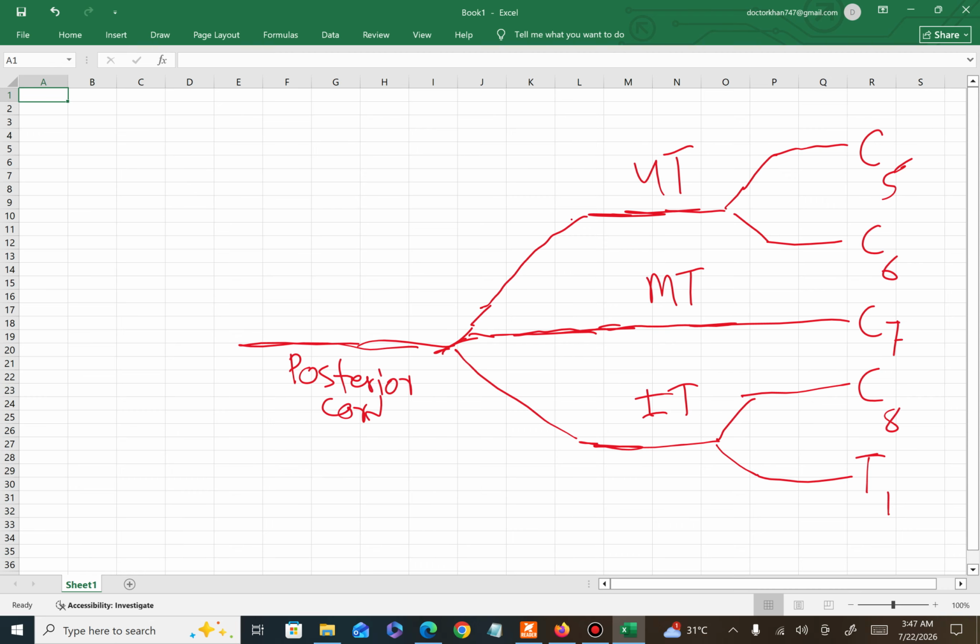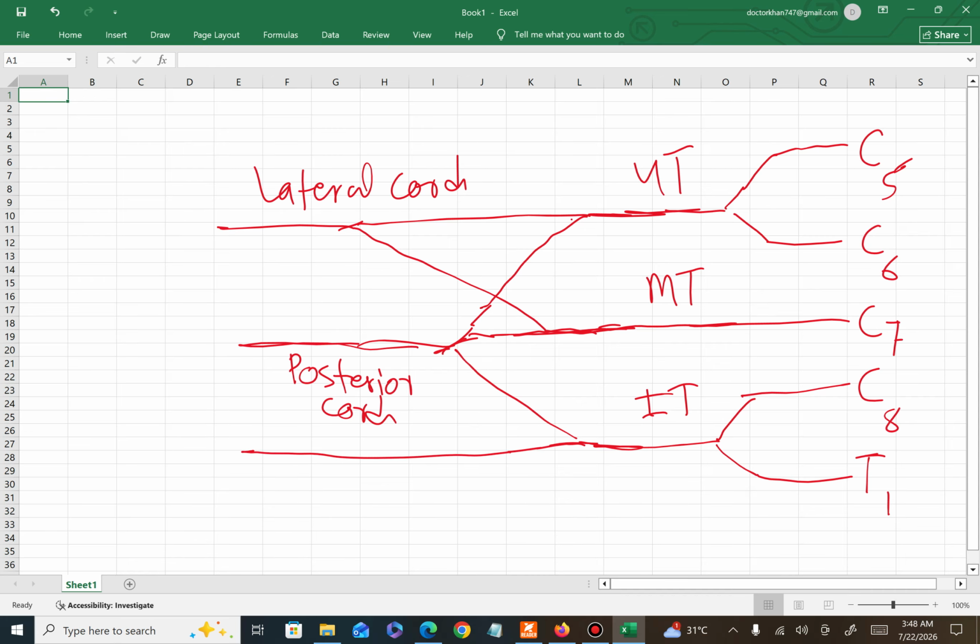Then the anterior division of the upper trunk and the anterior division of the middle trunk combine to form the lateral cord. Then the anterior division of the inferior trunk, or lower trunk, itself forms the medial cord.